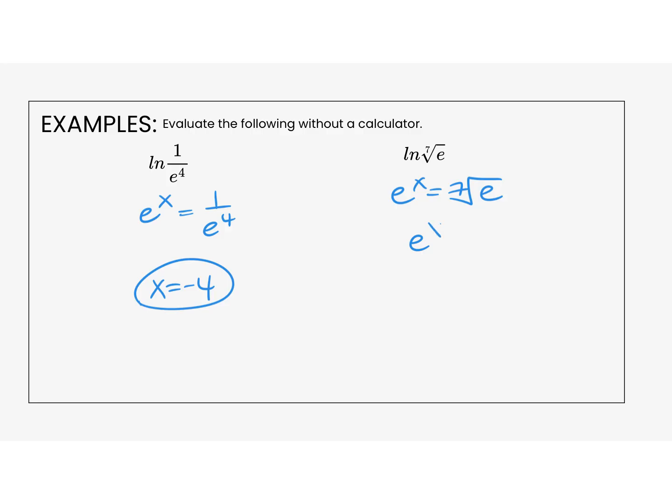Well, remember, the 7th root of e I can just write as the 1/7 power. So that means x equals 1/7.